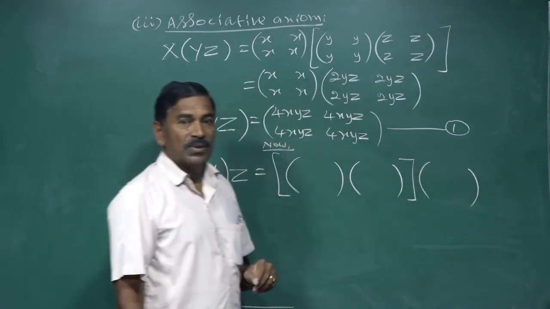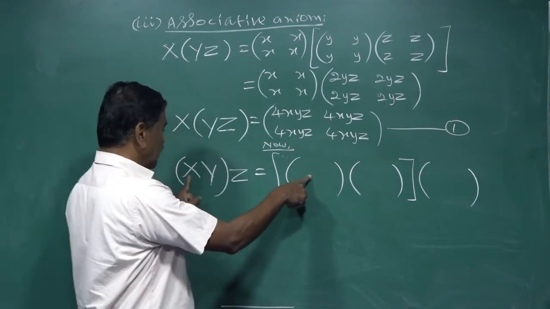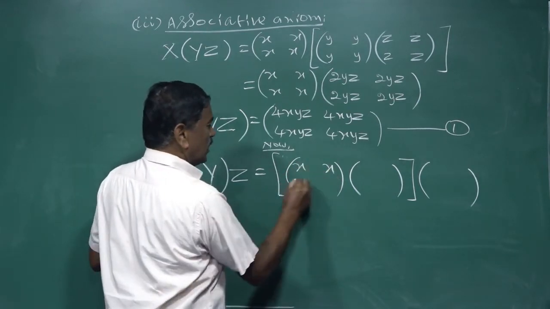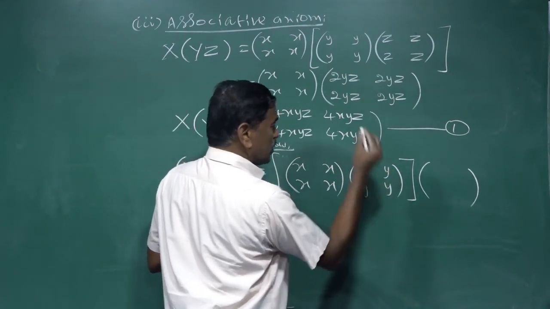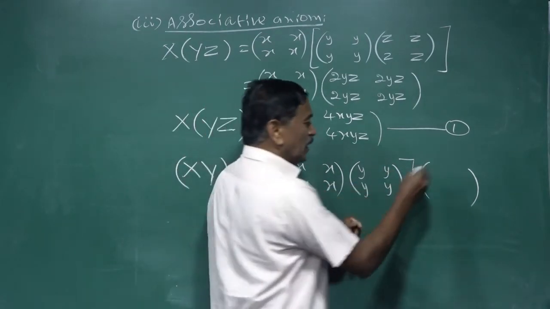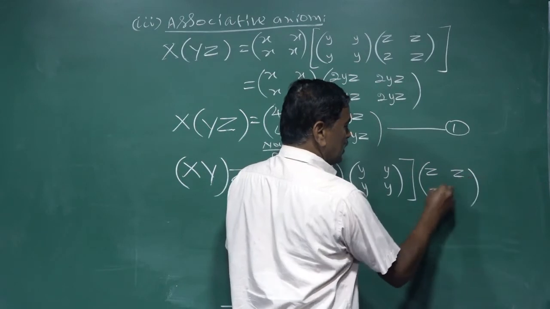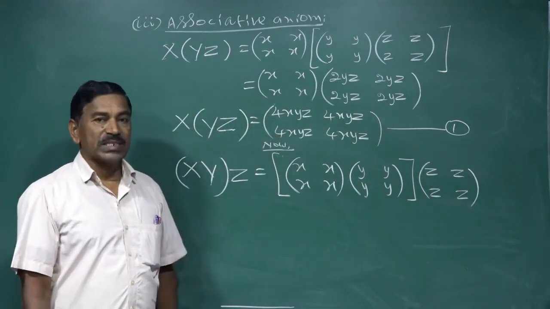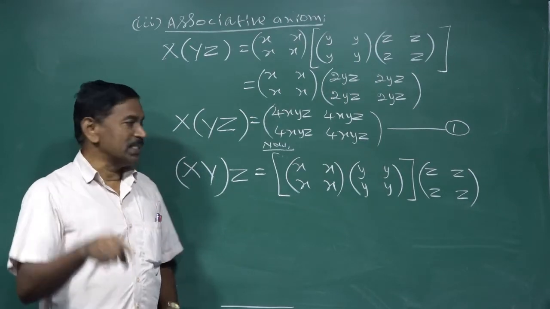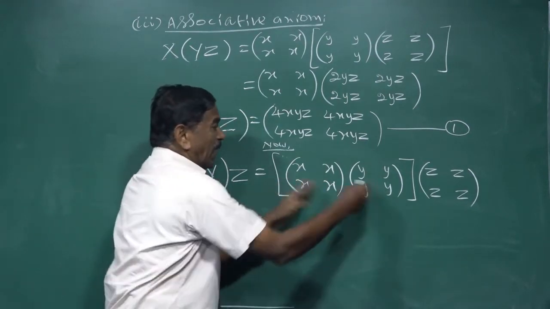That's all. Now fill up. What is the first one? Yes, x matrix, small x. What is the second? Y matrix, small y. And what is outside? Yes, small z, which is the z matrix. Completed. Now you start yourself, because first you complete the bracket answer.